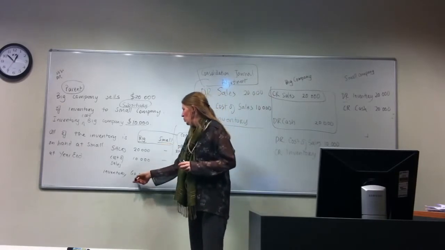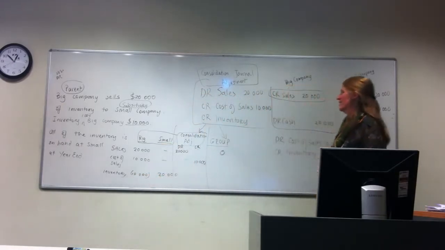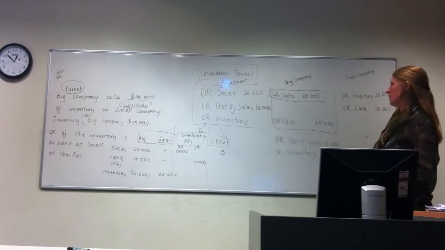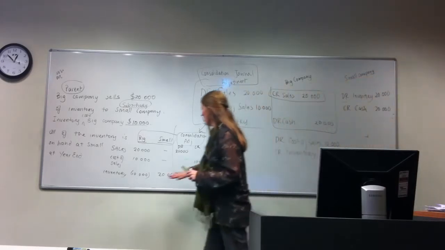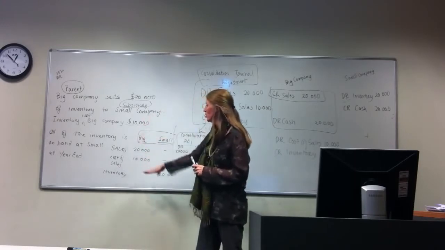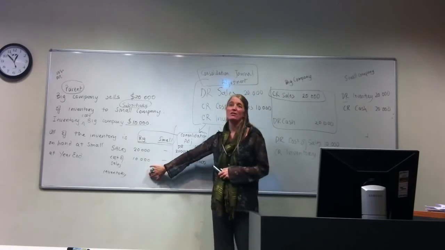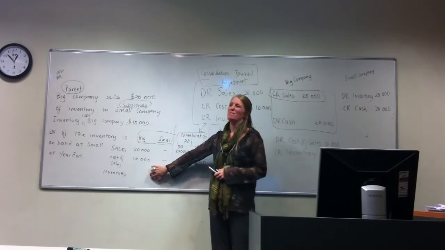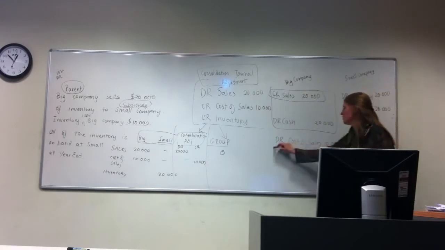Okay, we've taken out 10, we've got small of 20, and therefore in the group, what is the cost? What is the inventory going to be? Sorry, this shouldn't be here actually, because we're looking at the books at year end, and Big has got rid of the inventory. It's actually credited inventory.